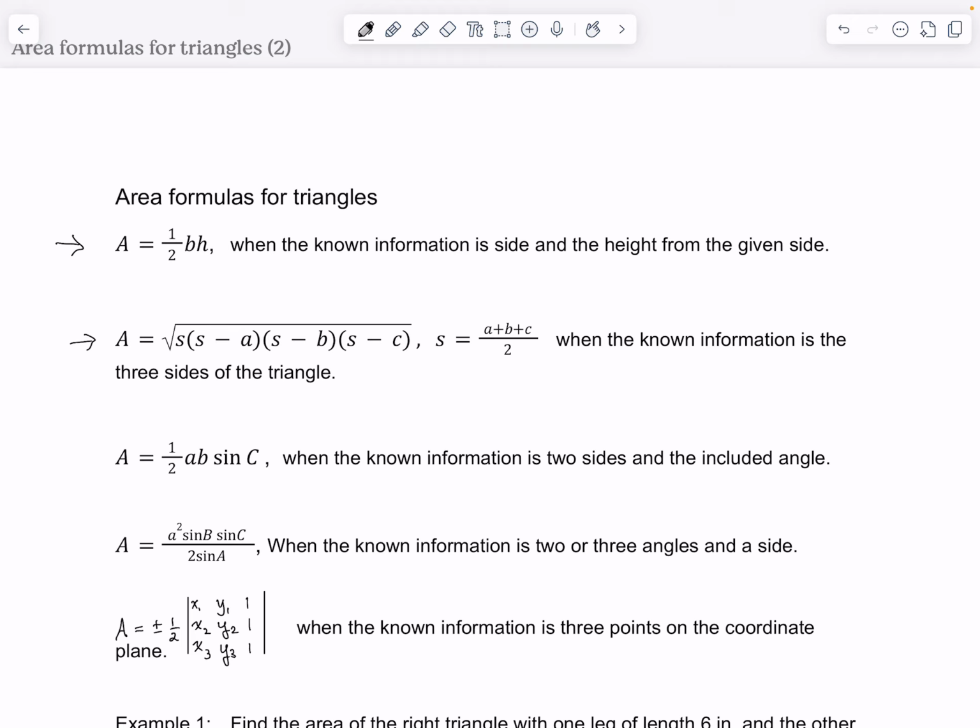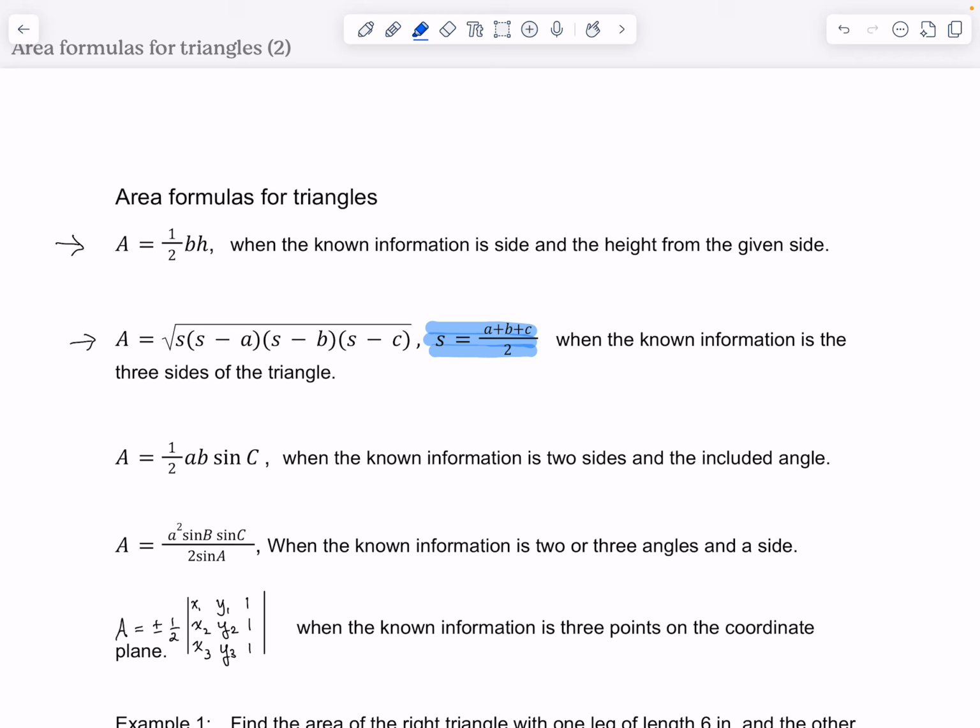So what we'll first do is calculate what's called the semi-perimeter. The semi-perimeter is found by adding the three sides together and dividing by 2.